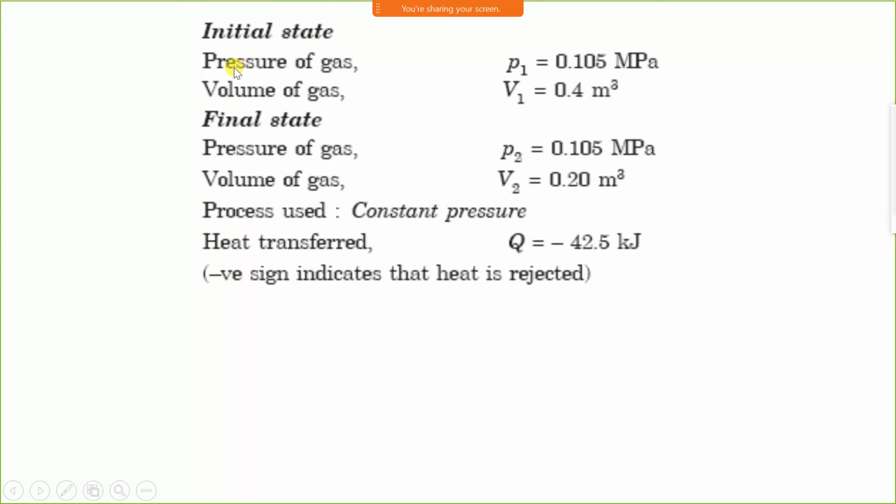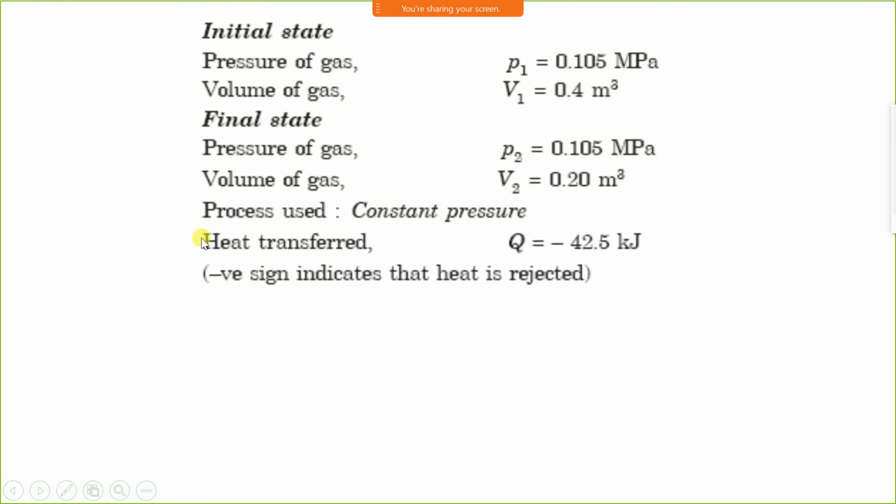Initial state pressure of the gas P1 is 0.105 megapascal, volume V1 is 0.4 meter cube, final state pressure P2 is 0.105 megapascal and volume V2 is 0.20 meter cube. The process is constant pressure because pressure P1 and P2 are the same.